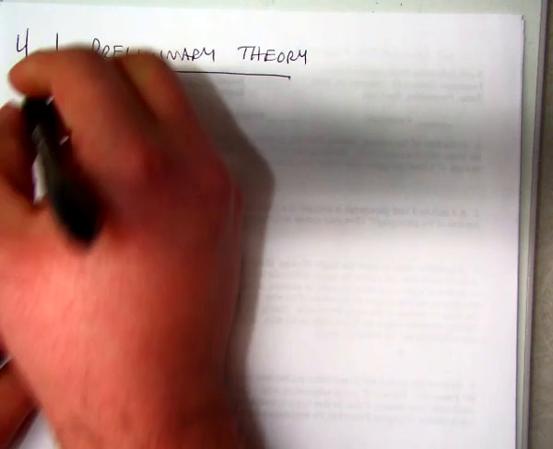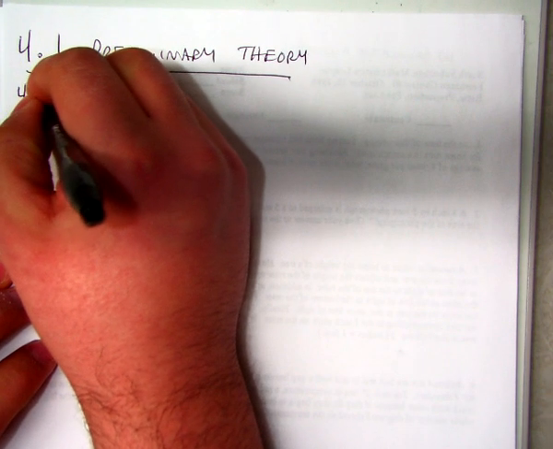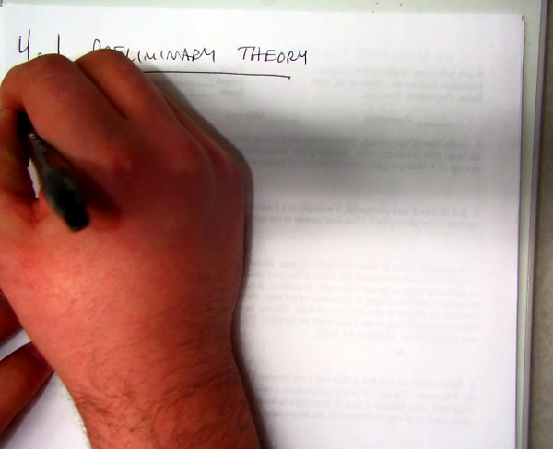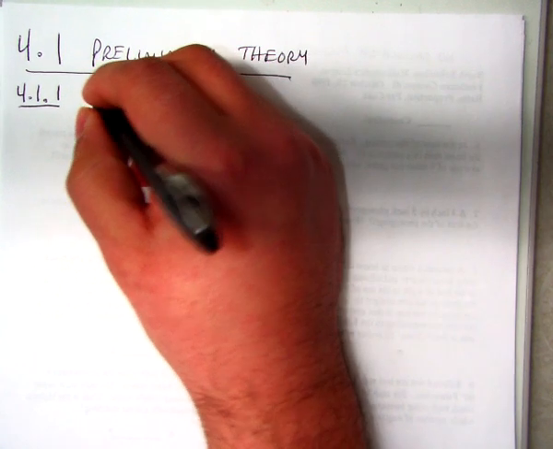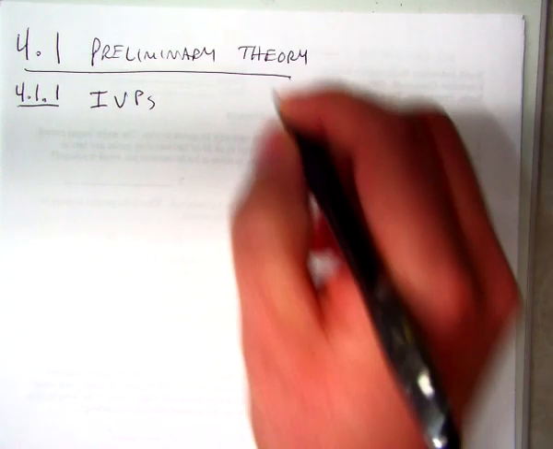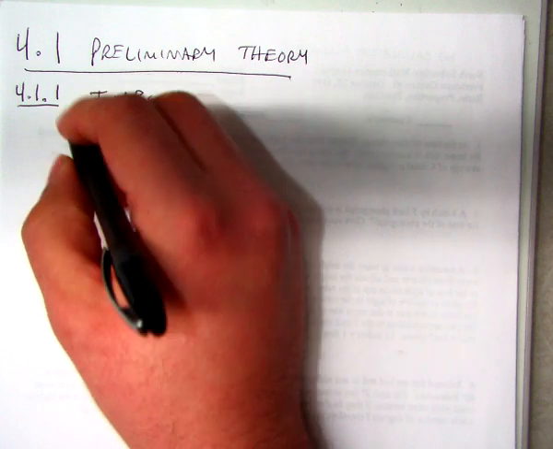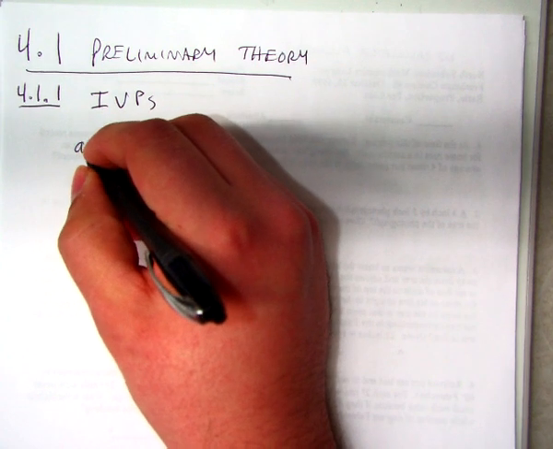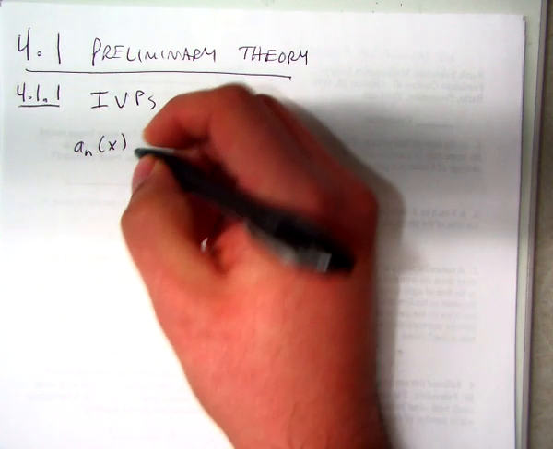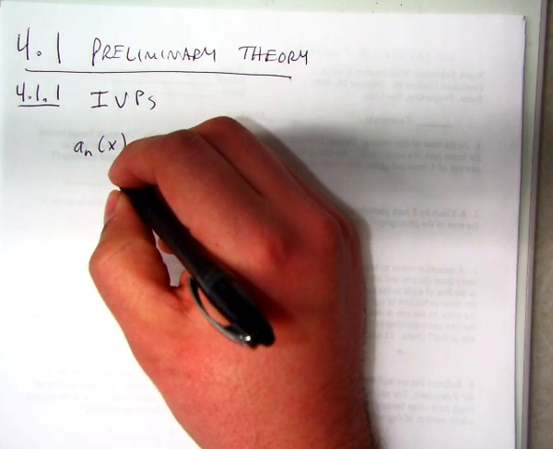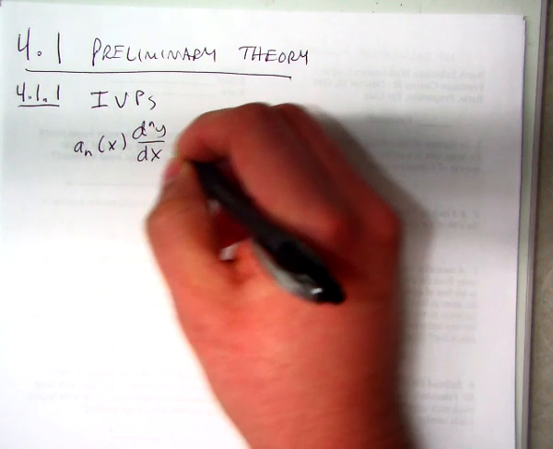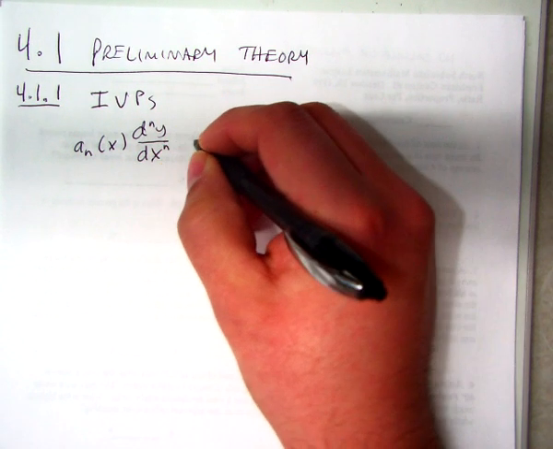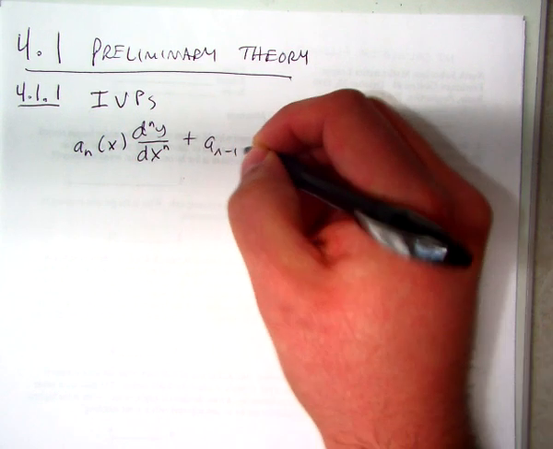Okay, so within 4.1, there's 3 sections, let's say. The first focuses on IVPs, and for this unit, we're studying IVPs that have coefficients in terms of x times the nth derivative, and so on and so forth.